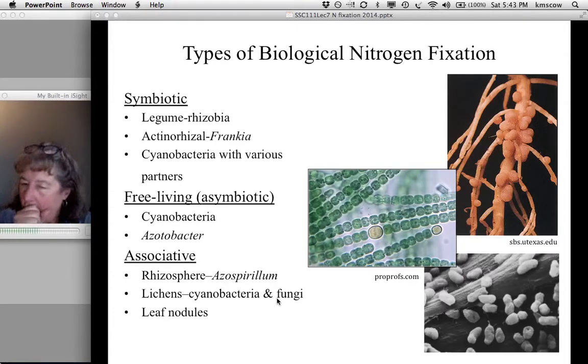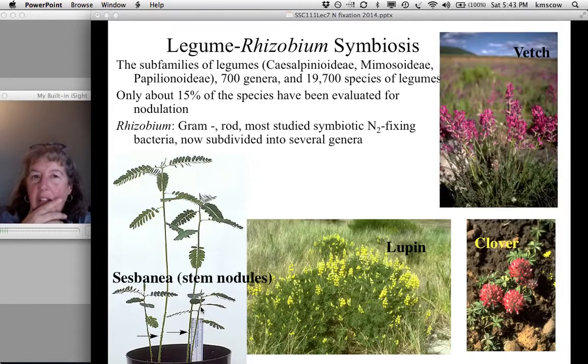Lichens, the relationship between cyanobacteria and fungi, another associative relationship. And there's also nodules that grow on surfaces of roots, plant leaves that are up in the air that can fix nitrogen as well. A lot of cool stuff going on.